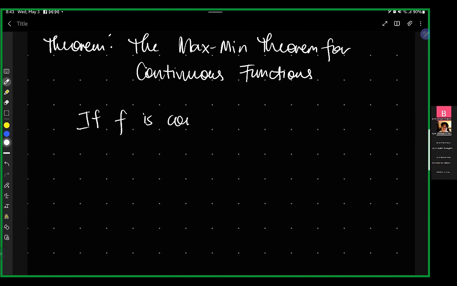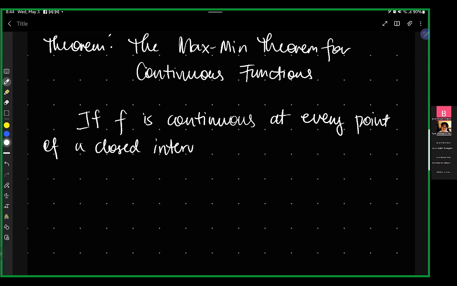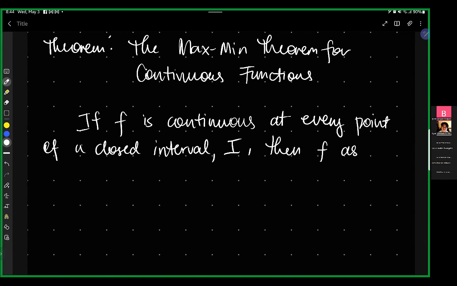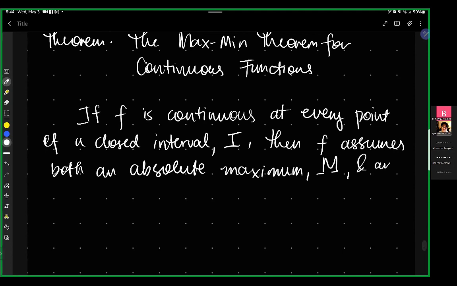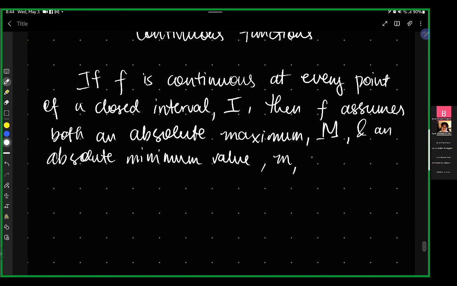If f is continuous at every point of a closed interval I, okay, so we denote the closed interval as I, then the function f assumes both an absolute maximum, which we denote as capital M, and an absolute minimum value, which we denote as small m, somewhere in I.